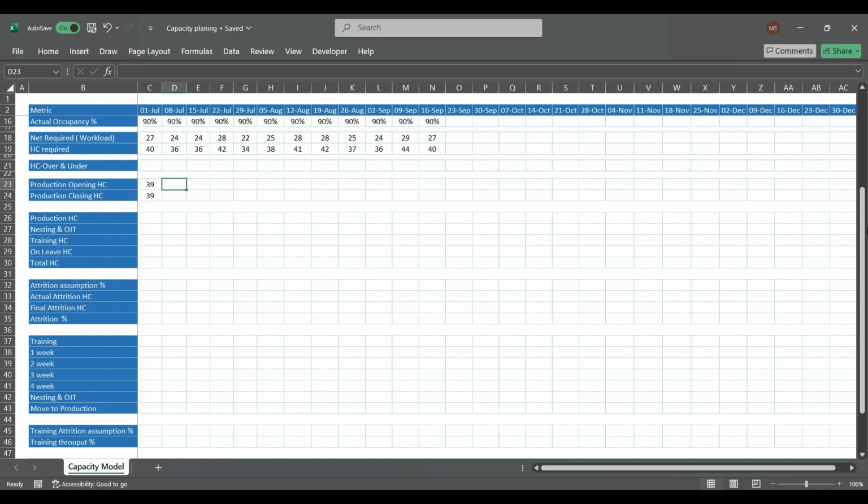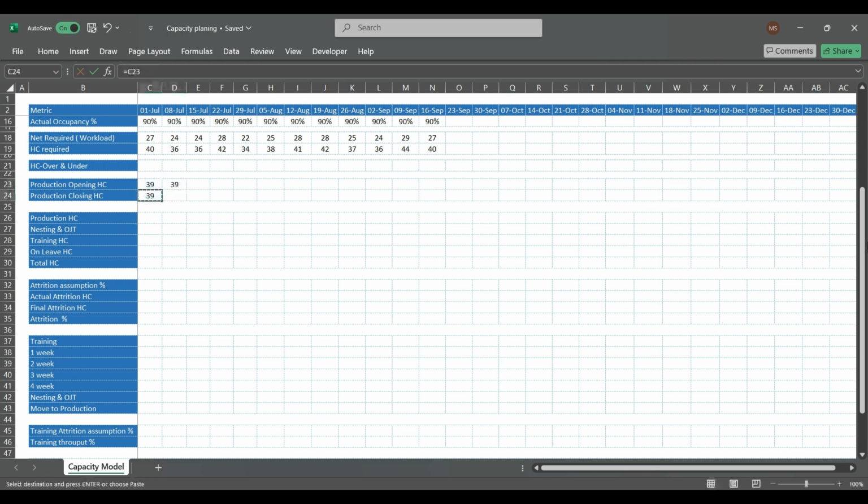And after that, last week's closing would be our upcoming week's opening. If let's suppose this number is showing our opening, then we need to consider the nesting and OGT part for last week. And apart from that we don't need to add anything.